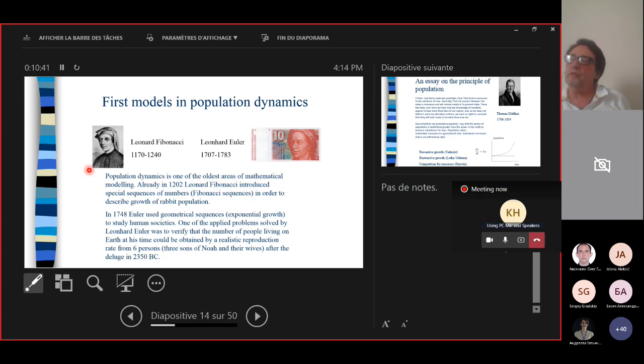So Euler asked the question whether these 3 families were enough to initiate the whole Earth population, which he observed in the 18th century, with some estimates of the total population. He introduced exponential sequences, and he showed that indeed it was possible to obtain all this population beginning from 3 couples. I think it's a very interesting example of applications of mathematics.